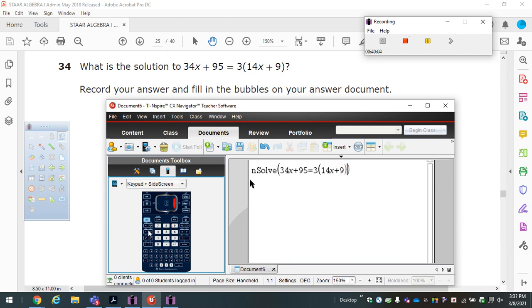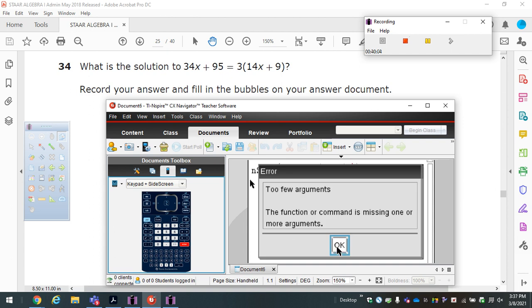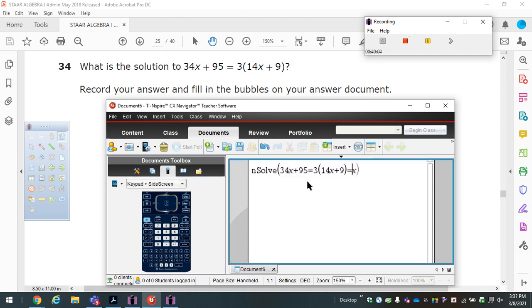Step out of the parentheses, equals x should. Oh, whoa, what did I do wrong? 30, 40. Oh, because it has too many parentheses, right?